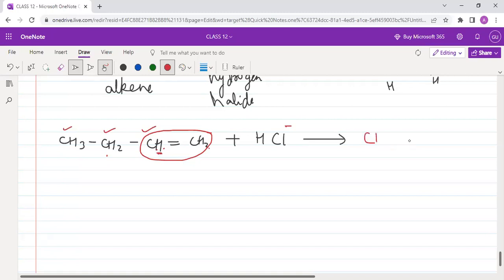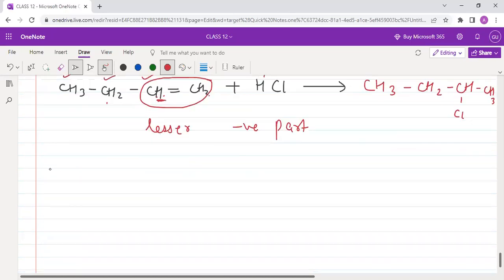That means the product will be CH3, CH2, CHCl, CH3. The carbon having lesser hydrogen, negative part will attach there. And positive part will go to the carbon having more hydrogen. Understood?